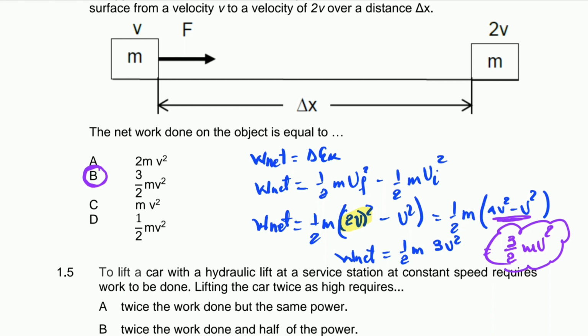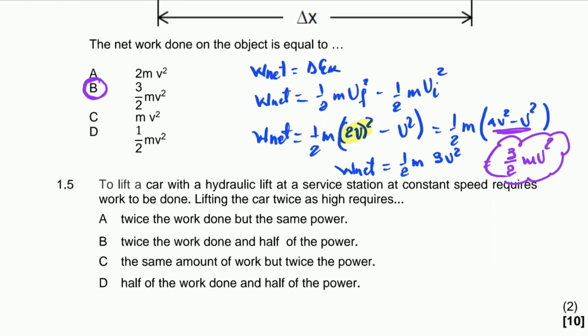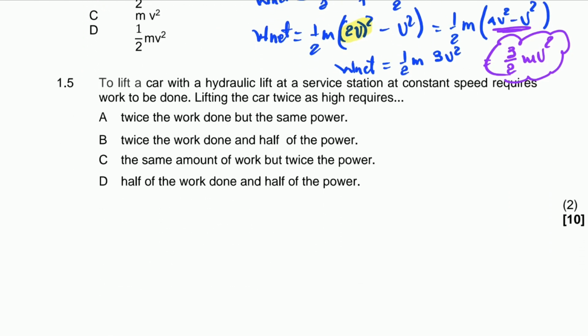I hope you got that one previously when you answered the worksheet. Question 5 and the last one of the multiple choice. Question 1.5 says to lift a car with a hydraulic lift at the service station at constant speed requires work to be done. Lifting the car twice as high requires, and they give you different options there.